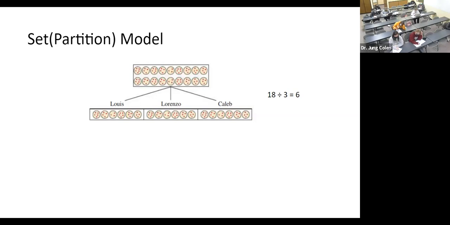I still have some, so I'm going to keep doing that until I run out of cookies, right? And we're going to see how many cookies each person gets equally, right? And that becomes 18 divided by 3. And how many they have is the quotient, right?